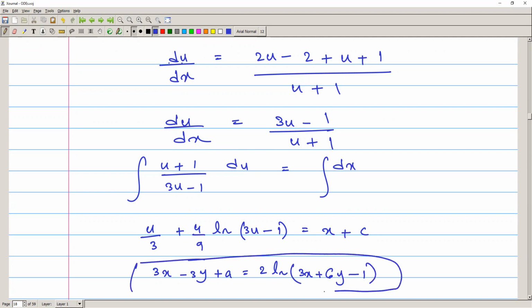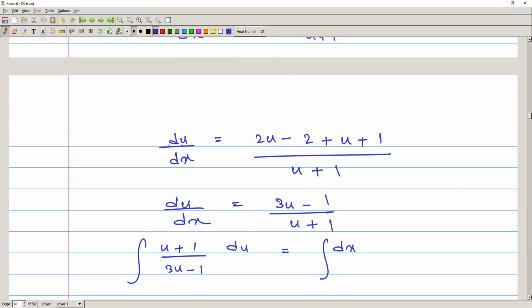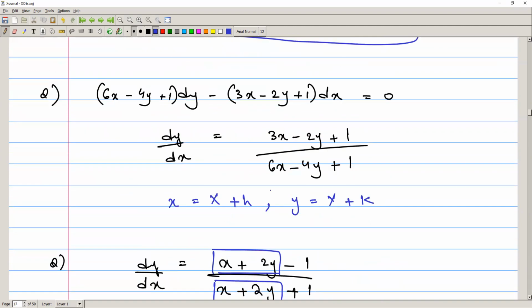You can use the simplification to solve it, right? So this is the method to solve these problems. And in the earlier problem, we can see here this is 3x minus 2y plus 1, and this we can write 2 times for this one, 3x minus 2y plus 1. So we can use the approach that I used in the current problem.